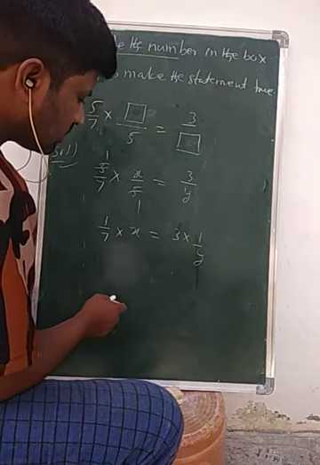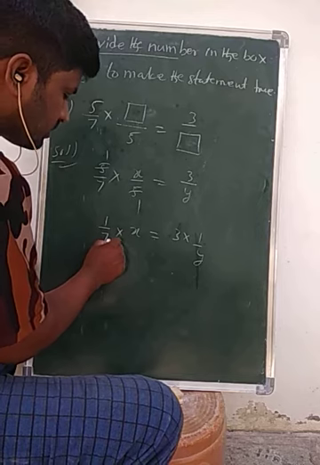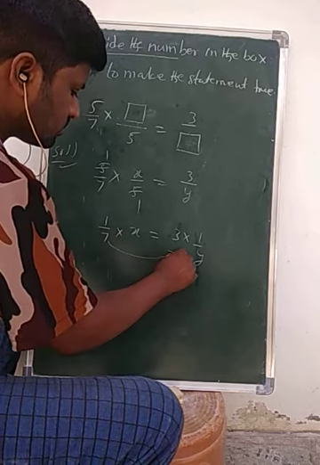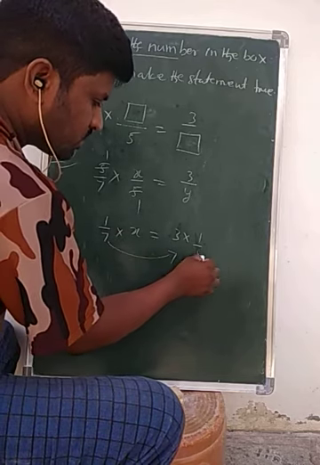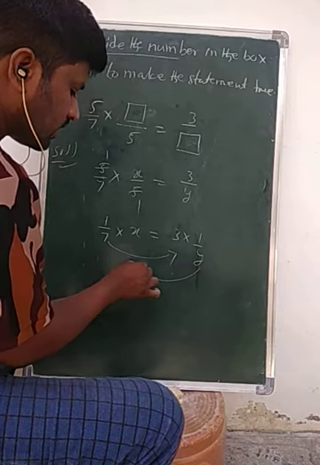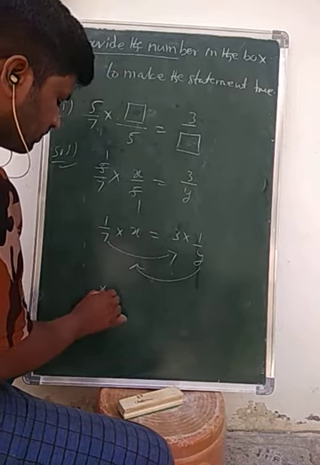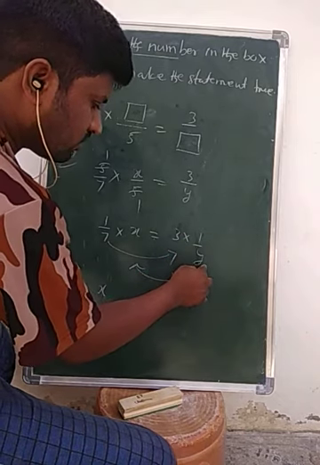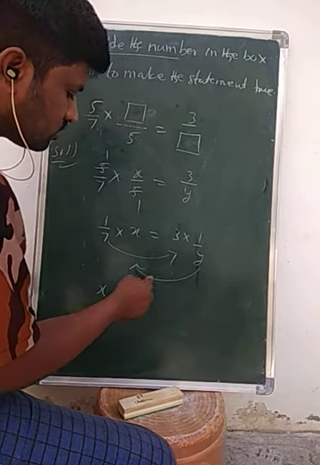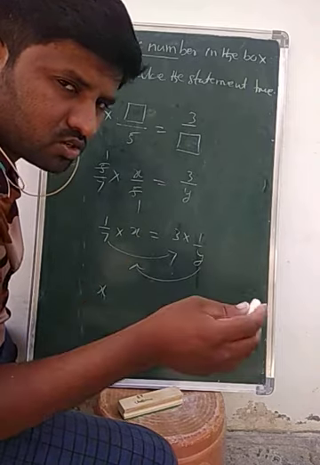So what I am doing here is transposing this 1 by 7 to the RHS side, and transposing 1 by y to the LHS side. Then what happened: here x is there, the into quantity 1 by y is transposing to the RHS side, so it becomes a division quantity.